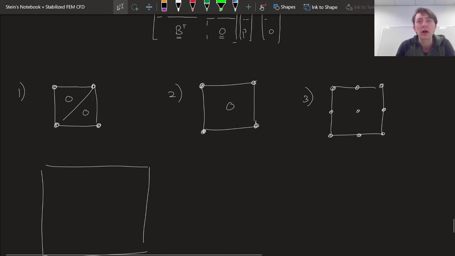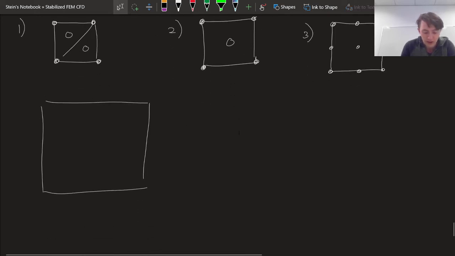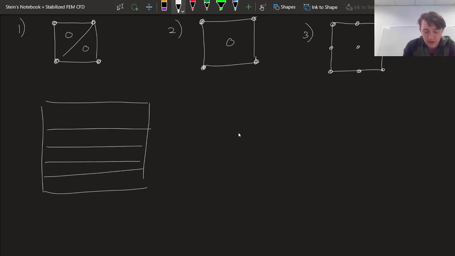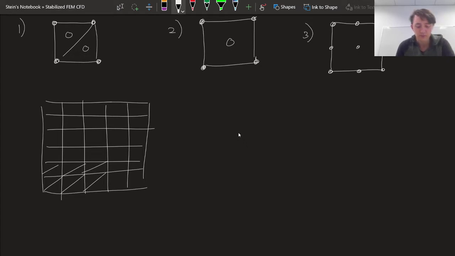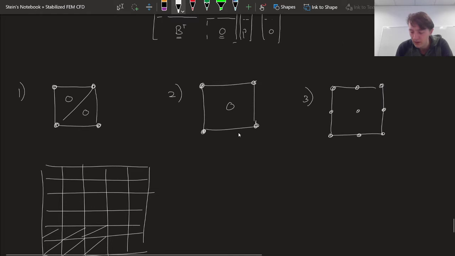The second one and the third one are square elements. So in all cases though, I can get a mesh of these squares, where in the first case we might still subdivide everything by triangles. Okay, I think up to that it should be relatively clear. Oh, sorry, on my third drawing I'm forgetting to add the open circles. That would look like this.